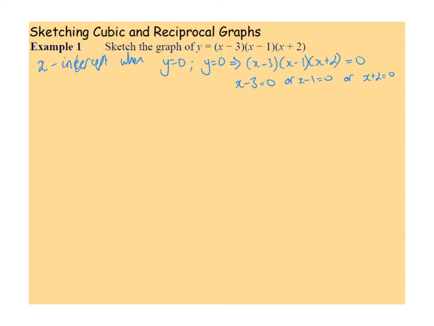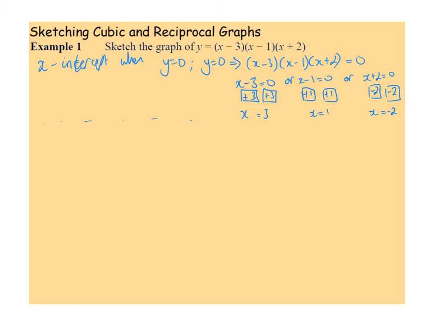So if I rearrange these to make x the subject on each one, then I get x equals 3, x equals 1, or x equals negative 2. So there are 3 different x-intercepts at those 3 values.